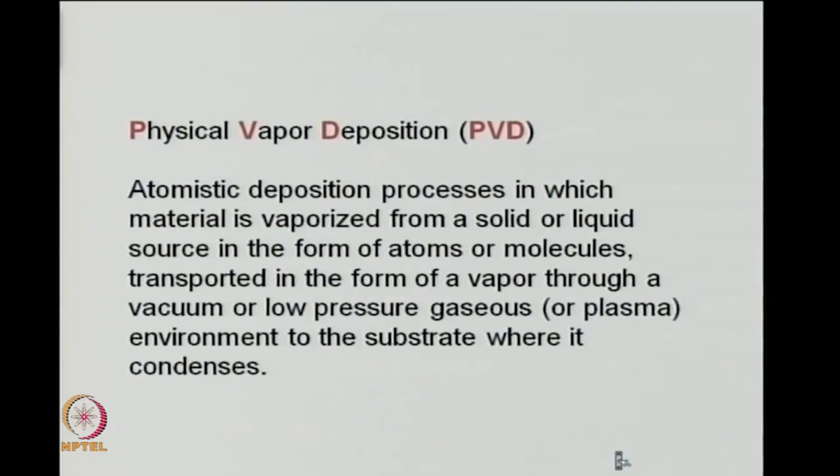The physical vapor deposition technique basically involves atomistic deposition processes, that means deposition of atoms, in which the material is vaporized from a solid or liquid source in the form of atoms or molecules. These vaporized atoms and molecules are then transported in the form of a vapor through a vacuum or low pressure gaseous environment. It can be a plasma.